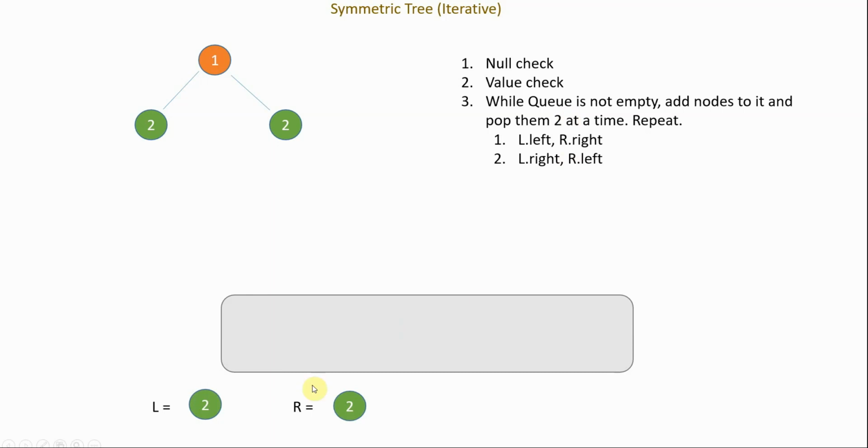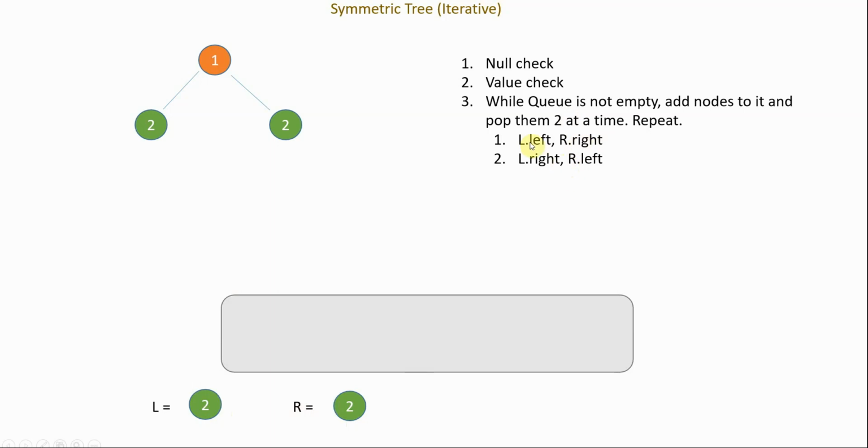Three things are: first, do a null check; second, do a value check; and third would be, while the queue is not empty, keep adding nodes from these two nodes, pop them two at a time from the queue, and then keep repeating these three steps again.